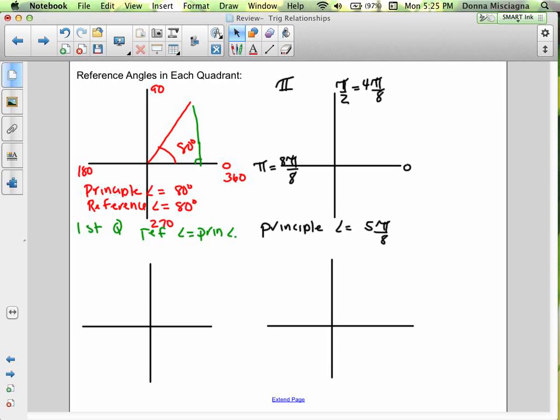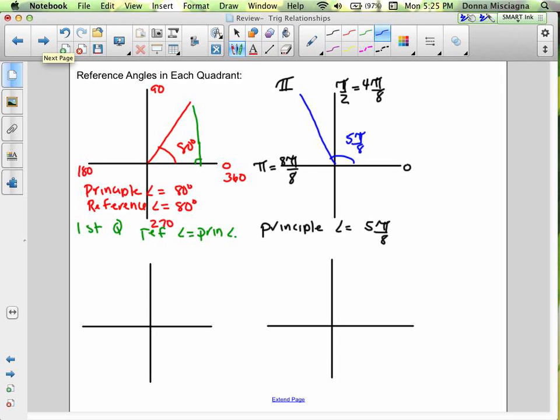So let's graph that. It's a little past pi halves, so this here would be 5 pi over 8. That's our principal angle. The reference angle is going to be pi minus the principal angle, because we're in the second quadrant.